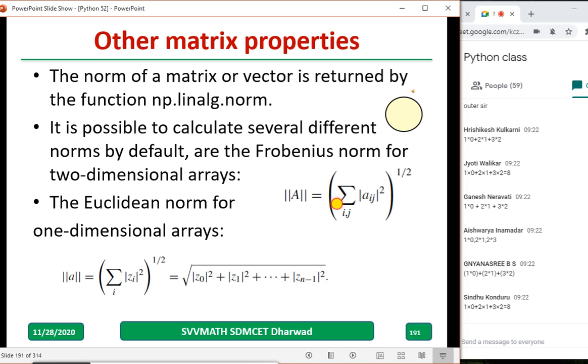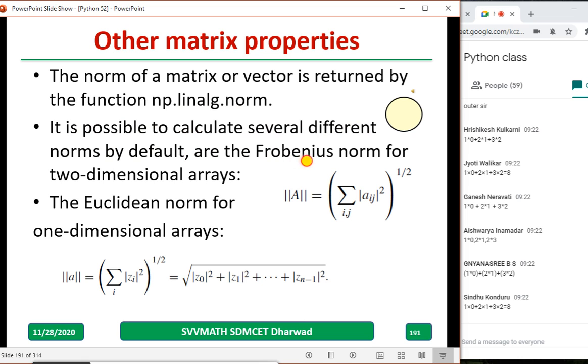I can show you one slide, but we cannot take examples and discuss. But in our subject, which function is available to find a norm, that we are going to discuss. We may execute a small code and show how it gives the answer for a given input. It is possible to calculate several different norms by default.